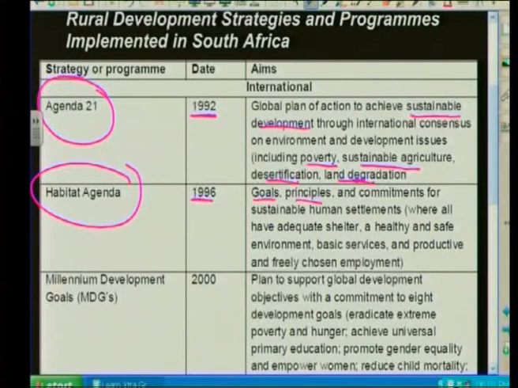The goals, principles, and commitments for sustainable, note the keyword sustainable in both Agenda 21 and Habitat Agenda, human settlements, where all have adequate shelter, healthy and safe environments, basic services, and productive and freely chosen employment. We're looking at basic needs. So what we should be relating Habitat Agenda to is the provision of basic needs to most of our population.